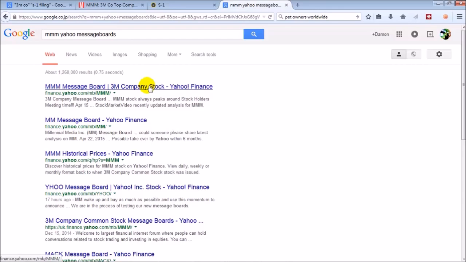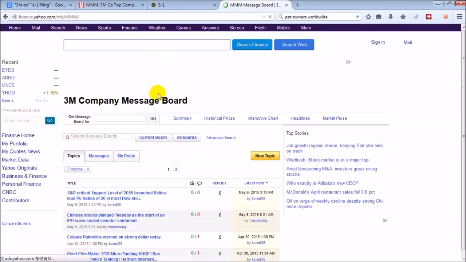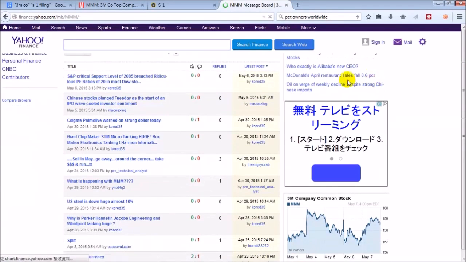It's often a very useful source of information. A lot of it's bullshit, but at the same time, you're going to get a lot of useful details. So these are the threads. You can dig through these. It usually takes me quite a while to do a fundamental analysis.